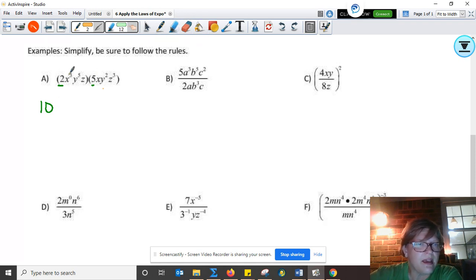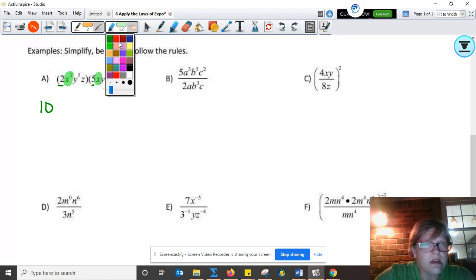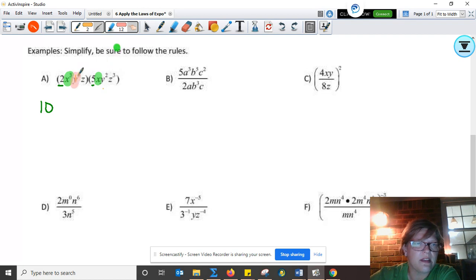I have x cubed and x. I have y to the 5th and y squared.